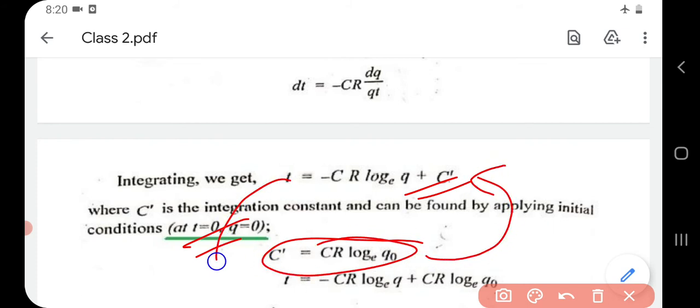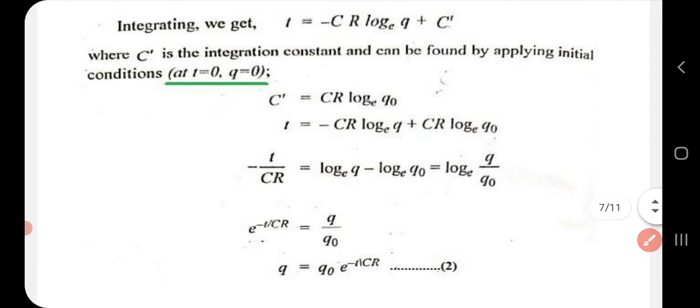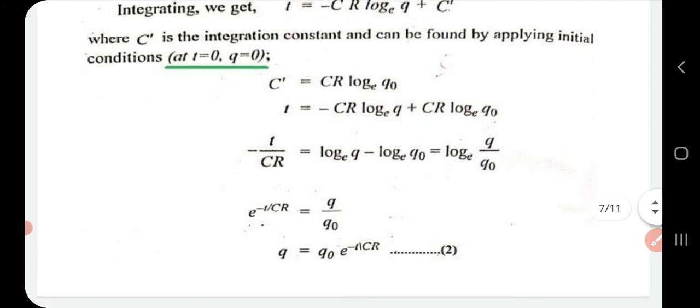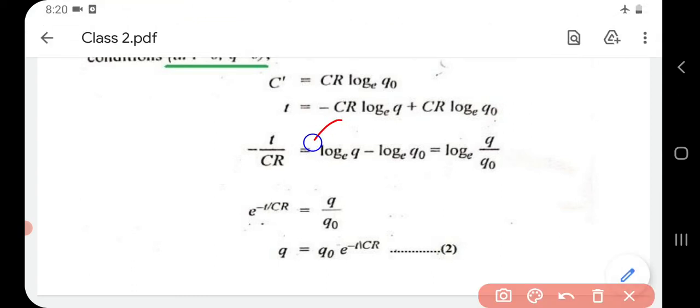So you will get the equation t is equal to minus CR log Q plus CR log Q0. Again CR is common, you take it outside and bring it to this side, so it becomes t by CR, and the negative also comes here. What is remaining is log Q, then negative negative positive, so negative log Q0.